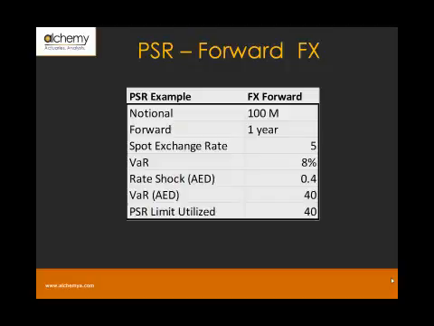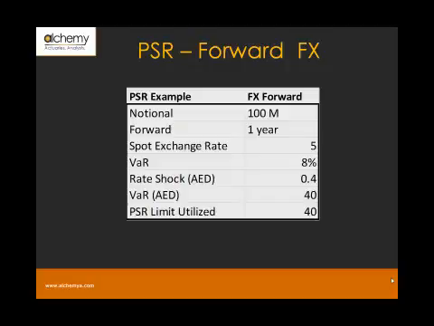Now the question is, what's the worst case movement? In this specific case, the worst case movement is 8%. So that means that the 5 dirhams per euro rate can go from 5 to 5.4 or 4.6. And in both instances, so in the first instance, you will pay 500 million for something which is worth 540.